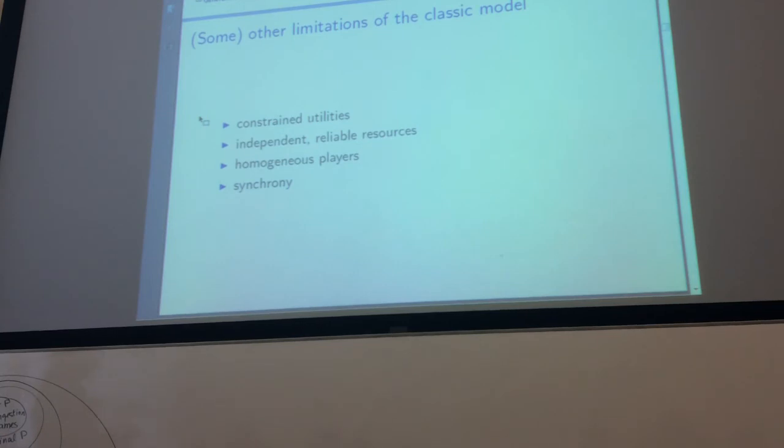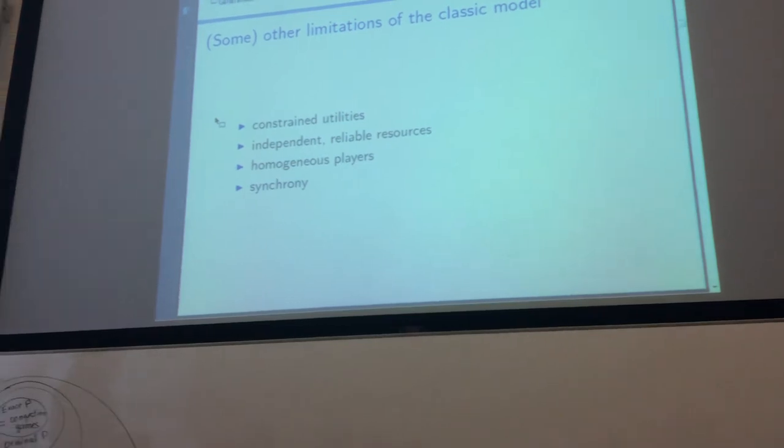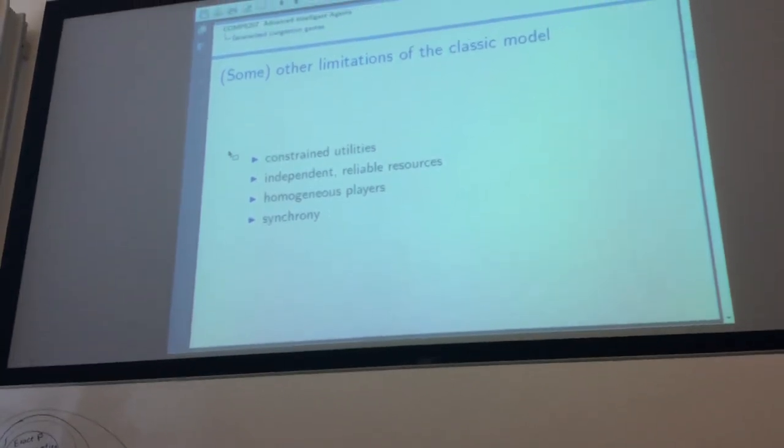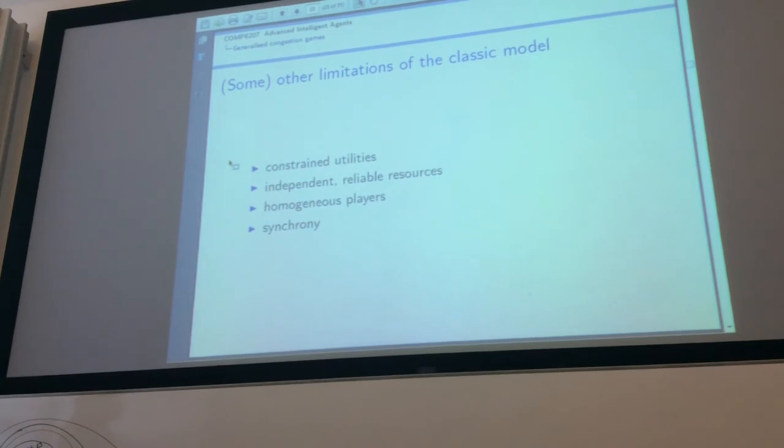The players are homogeneous. The cost or utility to each user of a given resource is the same, given by the function of congestion. And there is a synchrony in the sense that those utility or cost functions depend on the total congestion of the resource, but do not depend on the actual order in which the players use the resources.